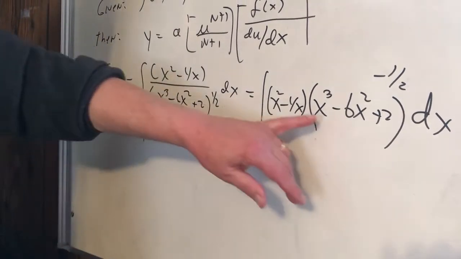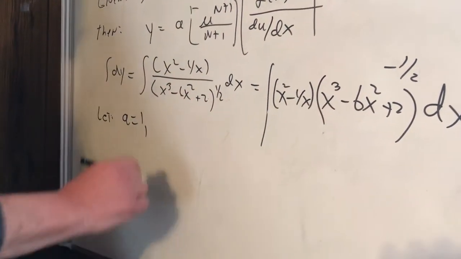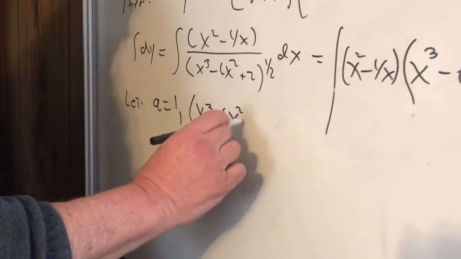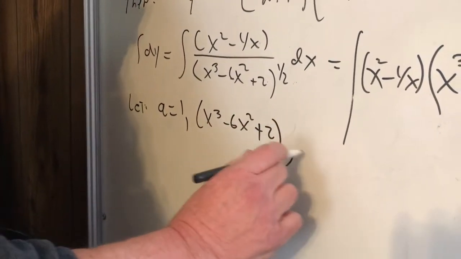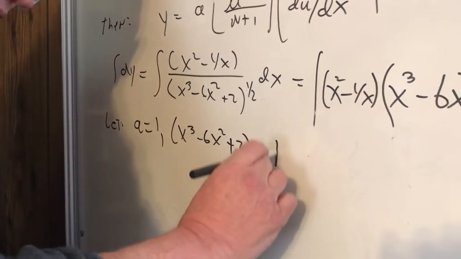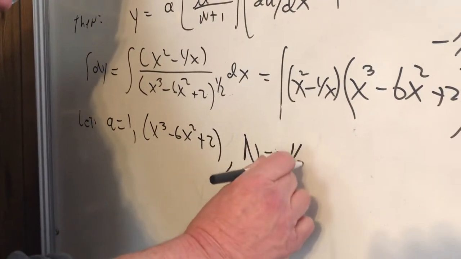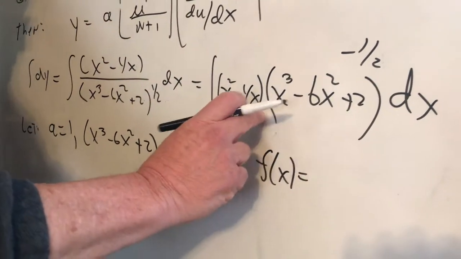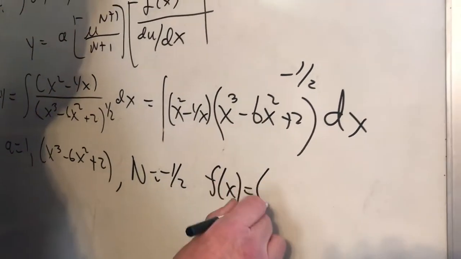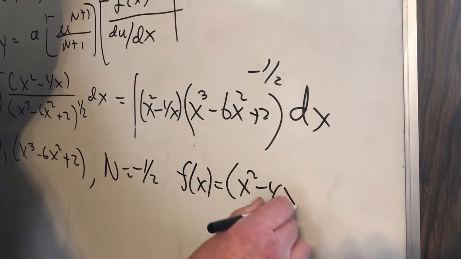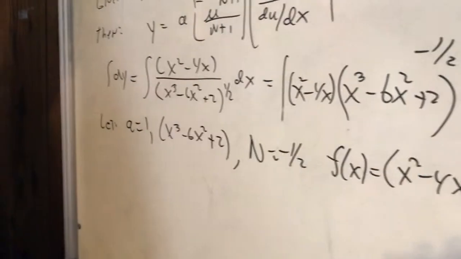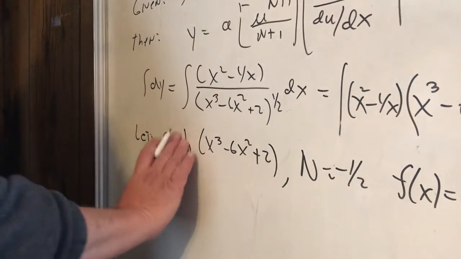So that's going to be x third minus 6x squared plus 2. n equals minus 1/2. And f of x is the attachment to it, x squared minus 4x.